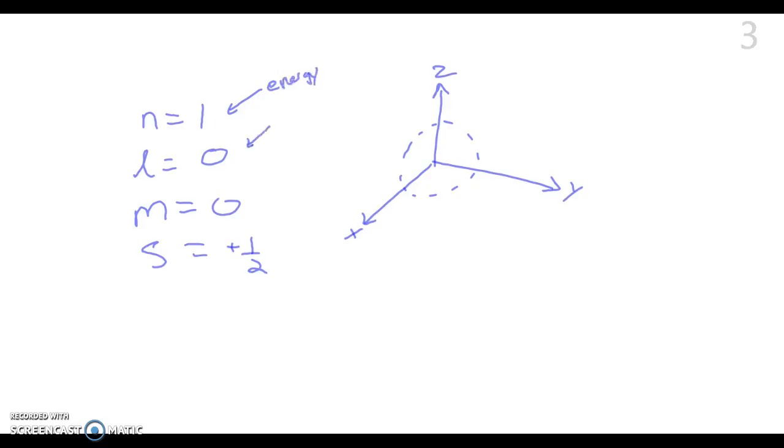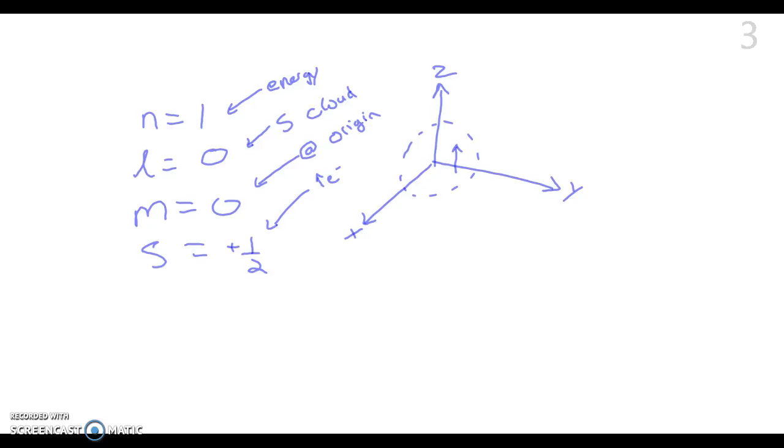That L was referring to the s cloud. M is referring to at the origin. And this one's referring to spinning up. So my electron spins up. Therefore, there it is. So that's more or less what it's telling us. It's a way to categorize where the electrons are based on these different values.